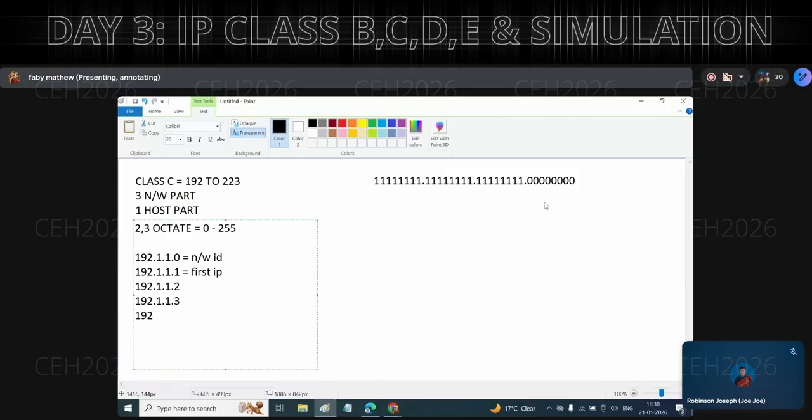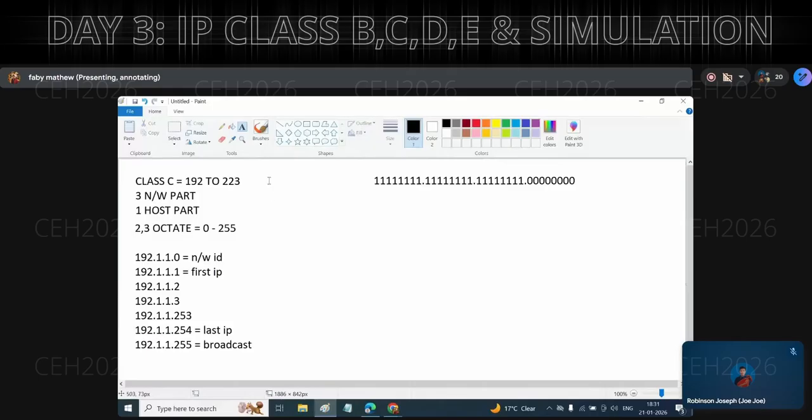And now 192.1.1.253, 192.1.1.254, and 192.1.1.255. Now, could I increase the value in the third octet? No. Good. Why? Because that is a network element. So this is my last IP, and this is my broadcast. Fine.